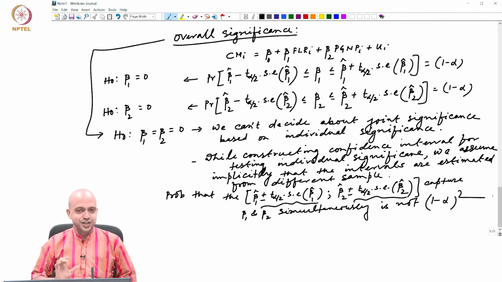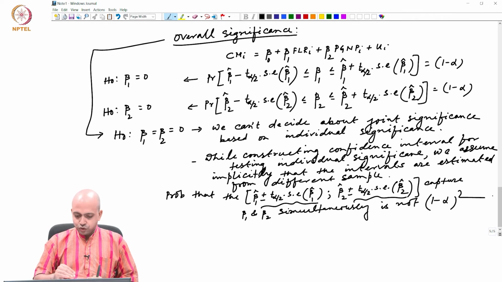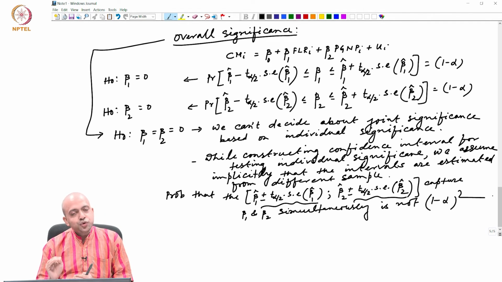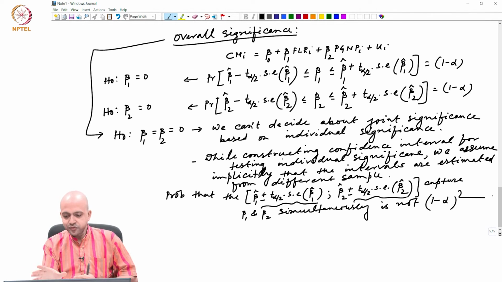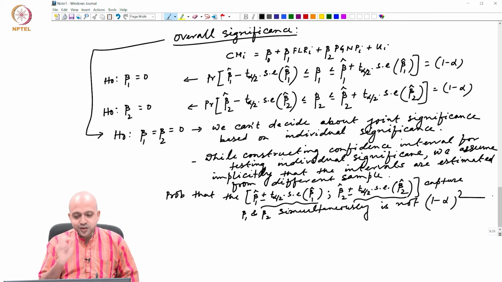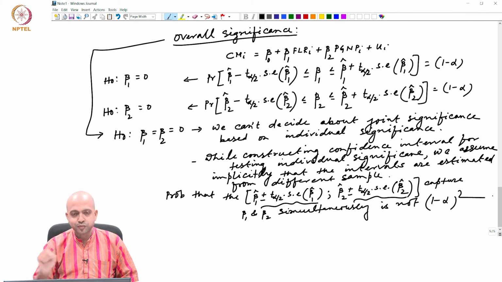Please try to understand what I am saying. If we try to infer something about overall significance based on individual significance, then indirectly we are saying that the probability this interval will capture the true population parameter beta 1 is 1 minus alpha, and the probability this interval will capture the true population parameter beta 2 is 1 minus alpha.